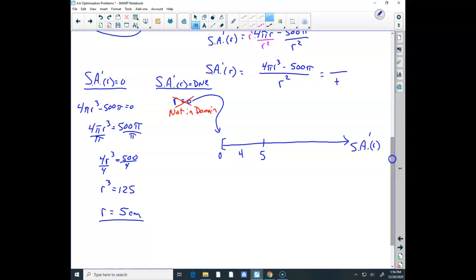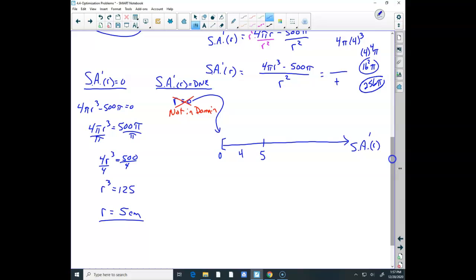Well, that's 4 pi times 4 cubed. That's like 4 to the 4th times pi, which is really kind of like 16 squared times pi. So that's 256 pi is the way I see that.